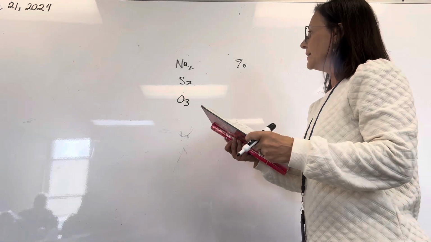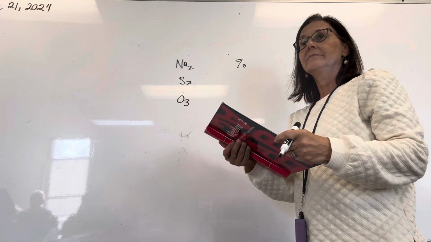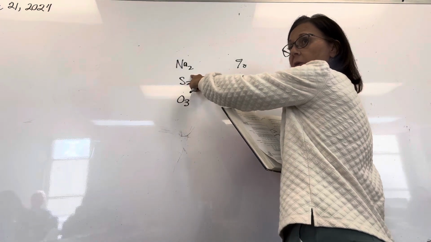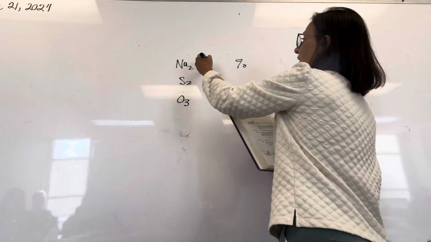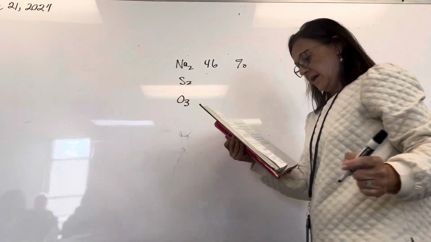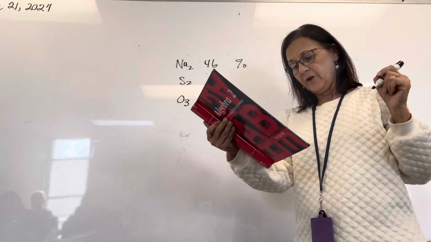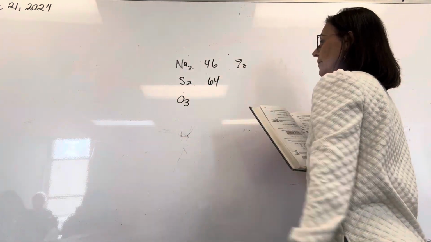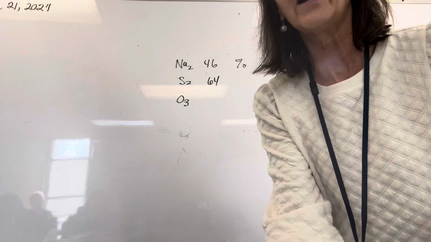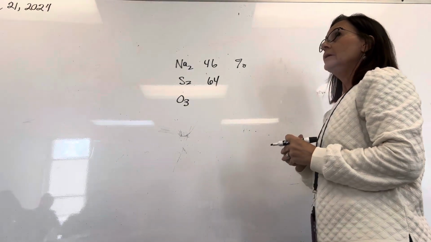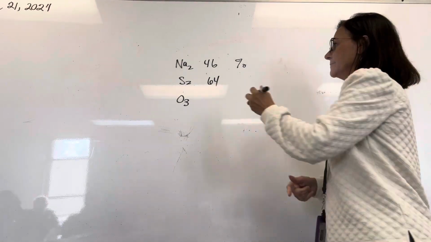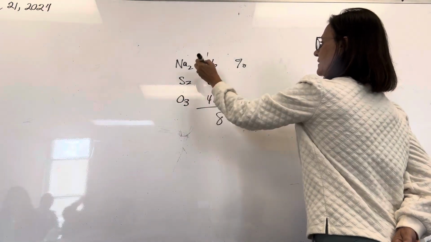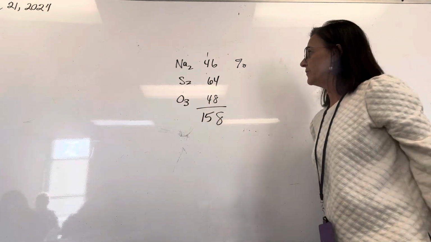Well, what is the weight of sodium? 23, and I'll always give it to you. 23, but there's two of them, so it is 46. Sulfur is 32, and there's two of them, so it's 64. Oxygen is 16, right? And there's three of them, so that is 48. You add them together, I think it's 158.